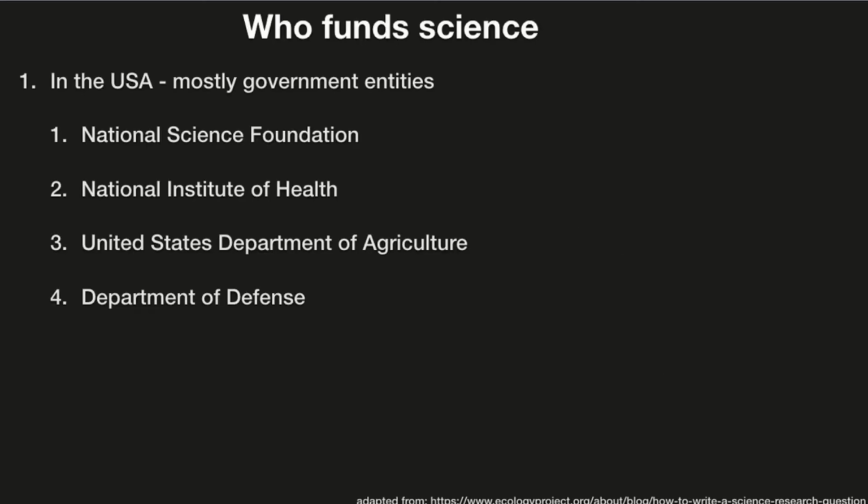If you're going to be selling or proposing your research, something that really matters is who you're trying to sell it to. If you're in the US, some of the major research funders are mostly government entities. They are, by and large, taxpayer-funded. So your scientific question should not only be interesting scientifically, but should eventually give something back to those taxpayers or society as a whole.